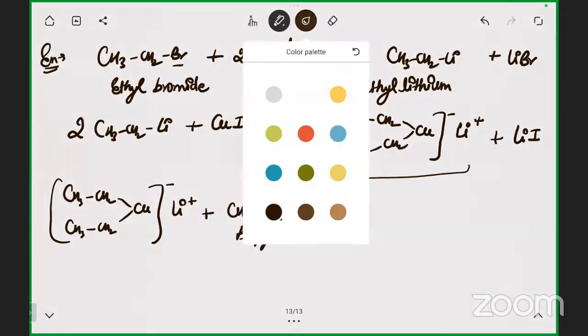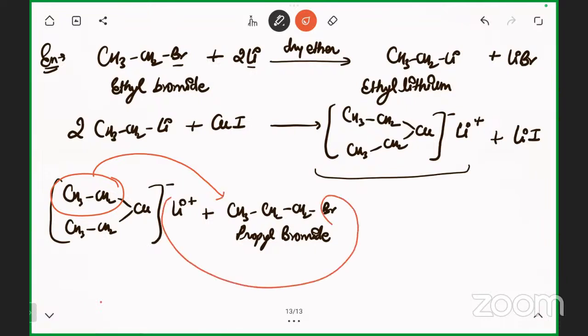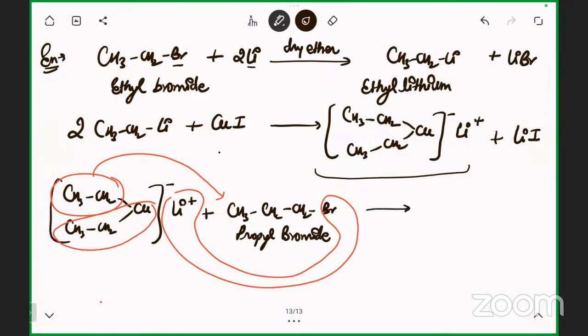Now how does the reaction occur? See, this CH3CH2 will go to this particular compound. This Li will react with the Br. The rest of the compound will remain as it is. So now see, first of all, what happened?